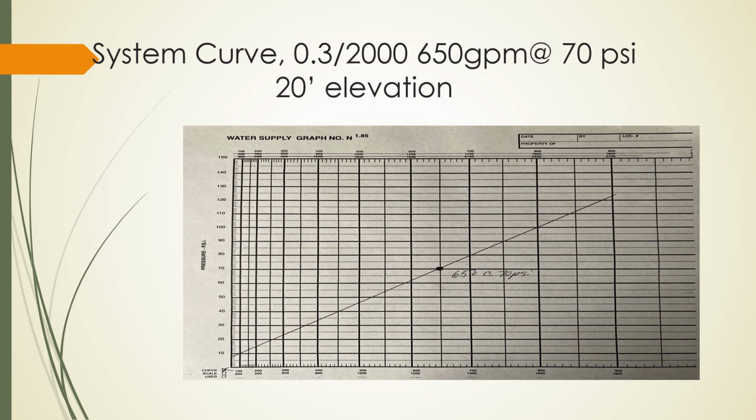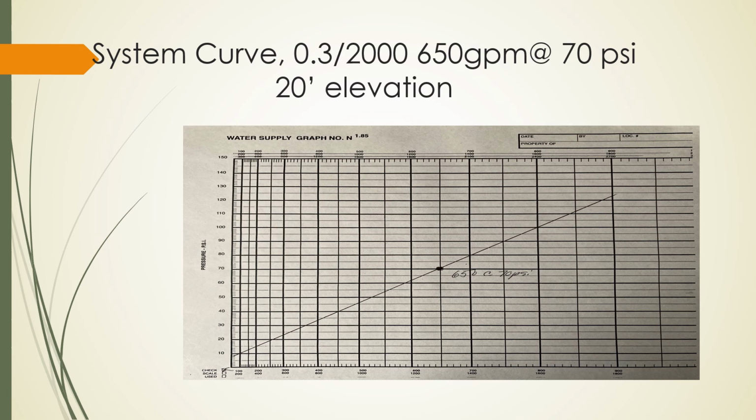If we look at how this is graphed, again, it's graphed on semi-log 1.85 paper, and you can see that I've got a dot at 650 at 70 PSI. And then you'll see if you go to the far left that the curve does not start at 0, but it starts at a number higher than 0. As a matter of fact, it starts at 8.66.